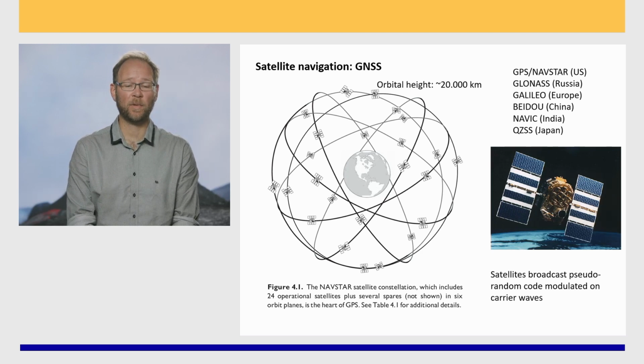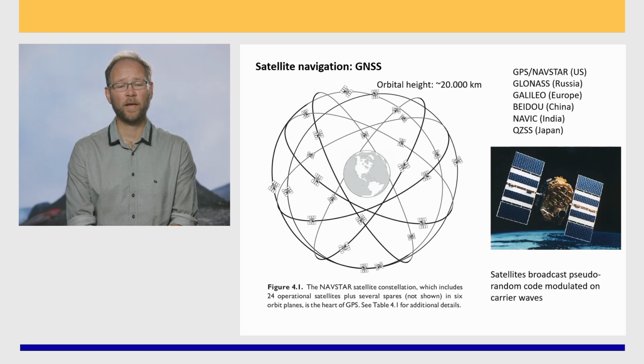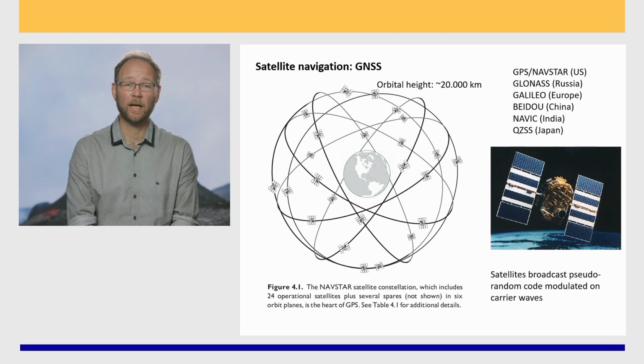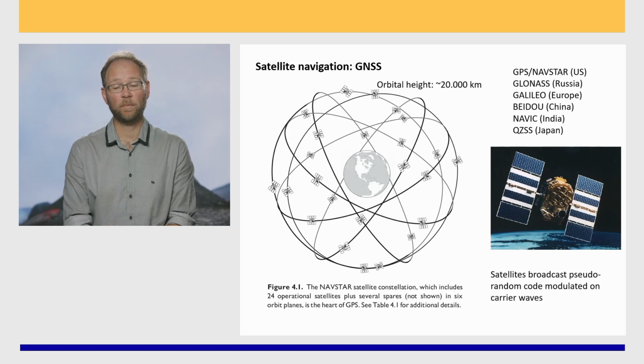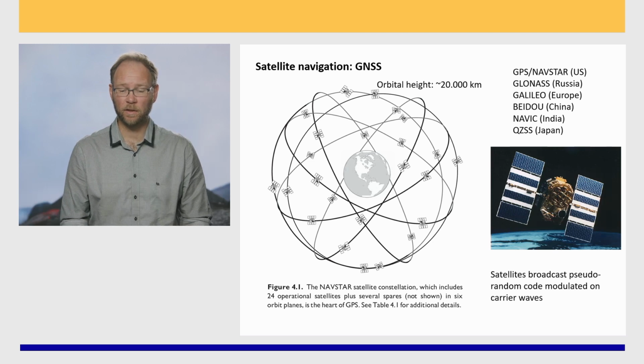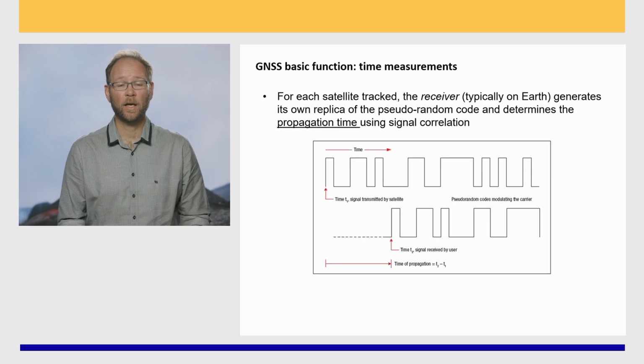These systems all have in common that there are satellites orbiting Earth at a relatively high altitude, about 20,000 kilometers from the surface of Earth, and they're broadcasting electromagnetic waves, in particular some pseudo-random code that's modulated on carrier waves. That's key here.